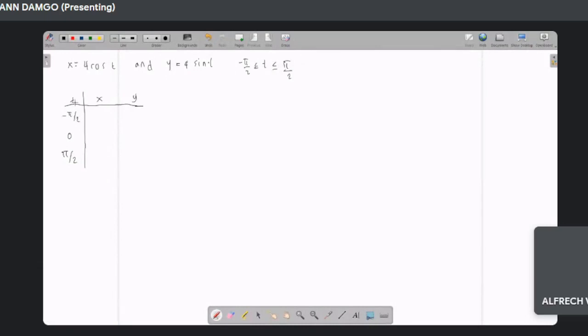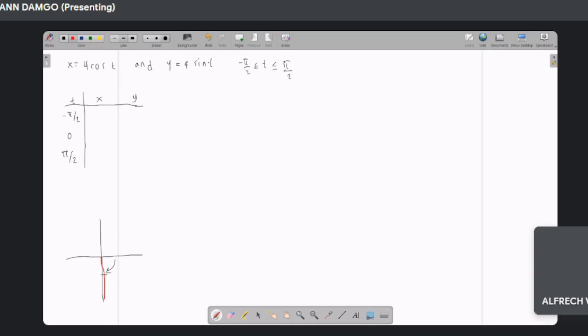When t is negative pi over 2, we draw it in terms of angles. Since it is negative, it is 90 degrees in the clockwise direction.